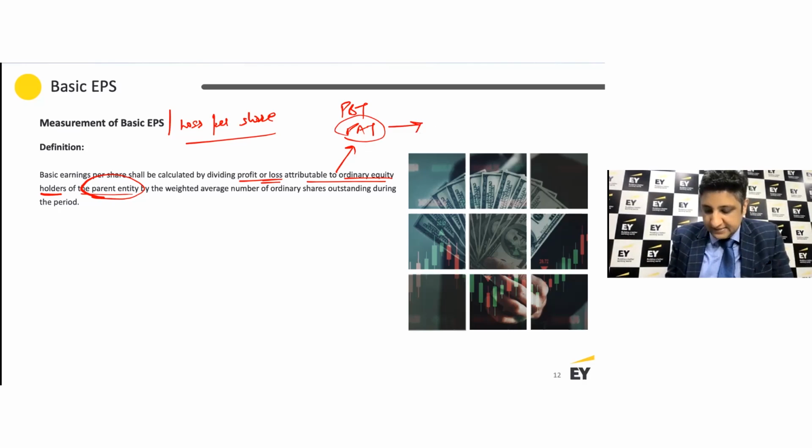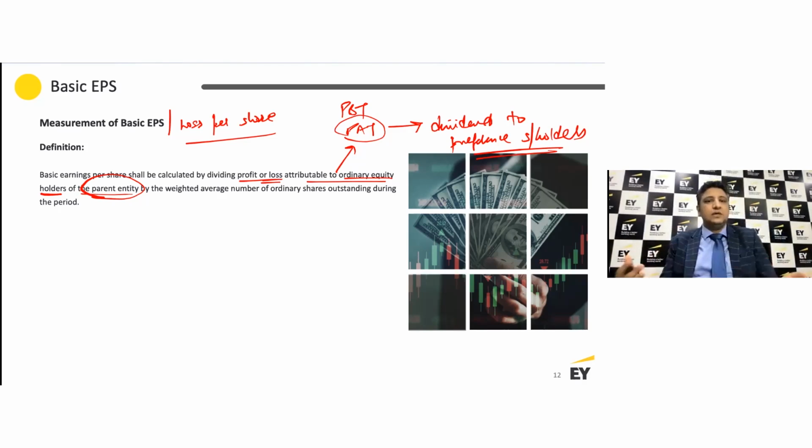There could be, for example, a dividend attributable to preference shareholders, who are not, of course, the ordinary shareholders or ordinary equity holders. So even that adjustment has to be made from that numerator, from that profit or loss.